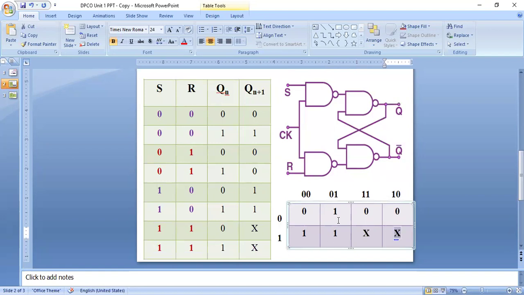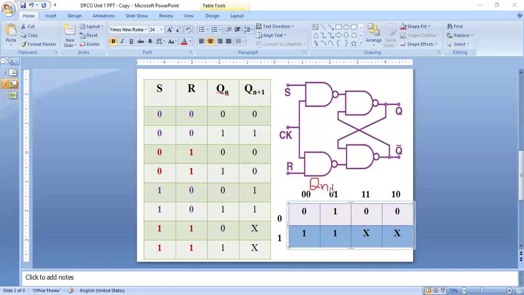On performing grouping, first we can do a grouping of 4. In the grouping of 4, what will be the value? So we can write Qn plus 1 equal to, in the grouping, what value?